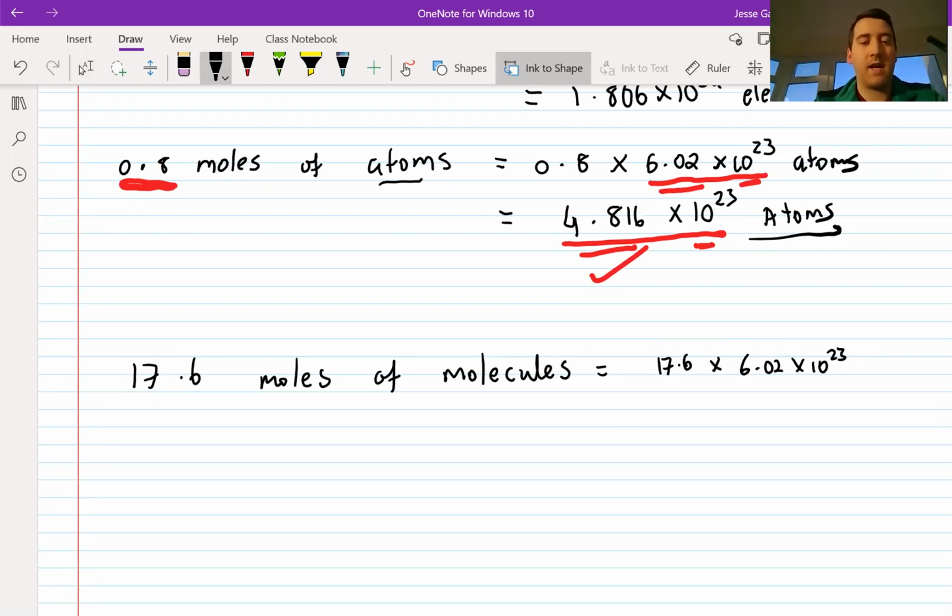When you put that on your calculator, you should have got 1.05952 times 10 to the 25. So that's what you should have got. And again, if you're not getting that, you're doing something wrong on the calculator.